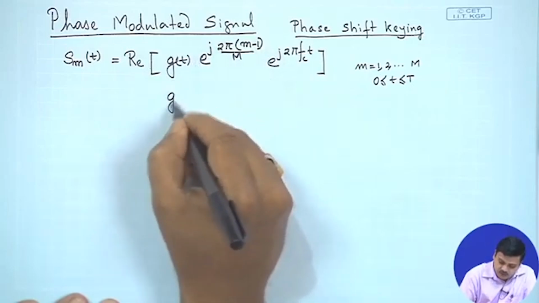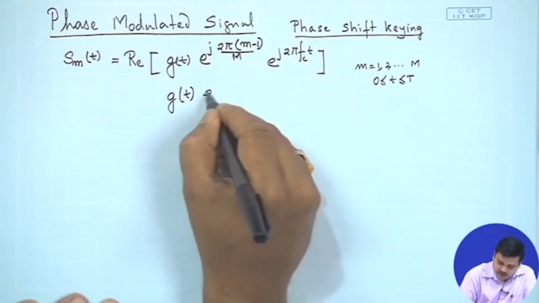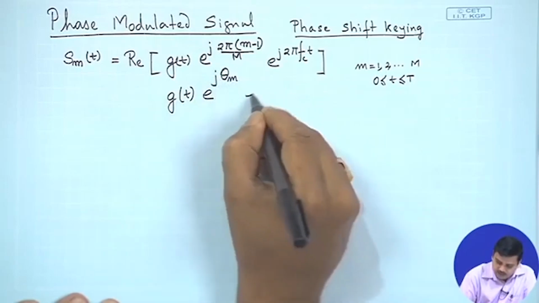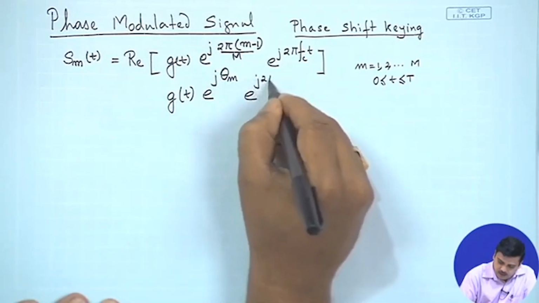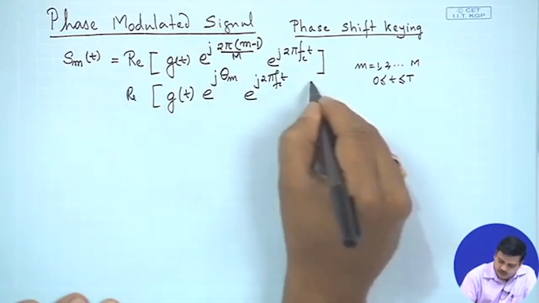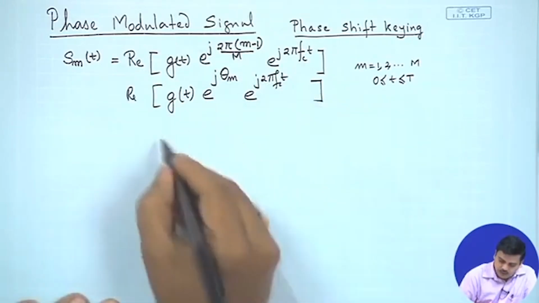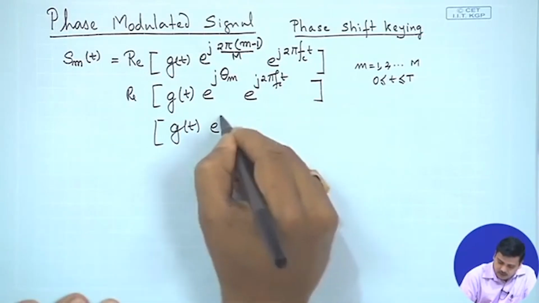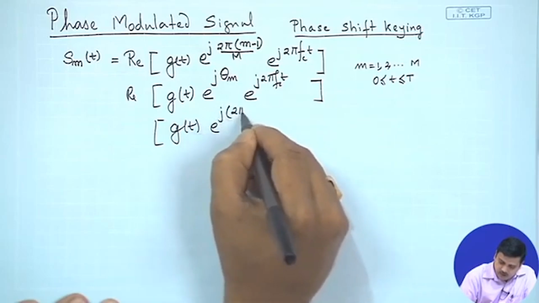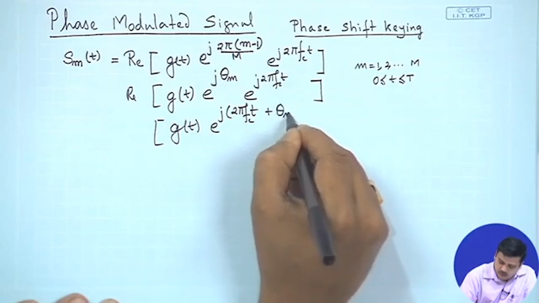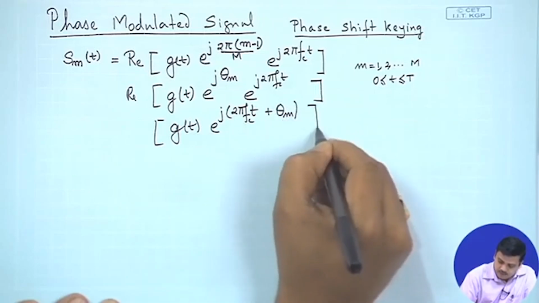Well, you could even write it as e to the power of j theta_m times e to the power of j 2 pi f_c t, and of course, the real part of that. You could also combine these, and you could say j (2 pi f_c t plus theta_m).